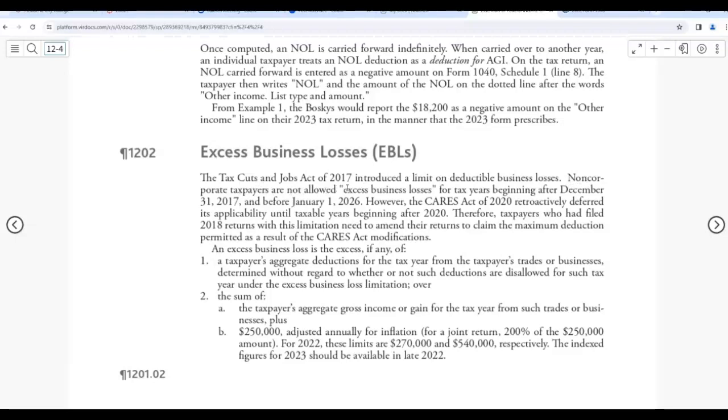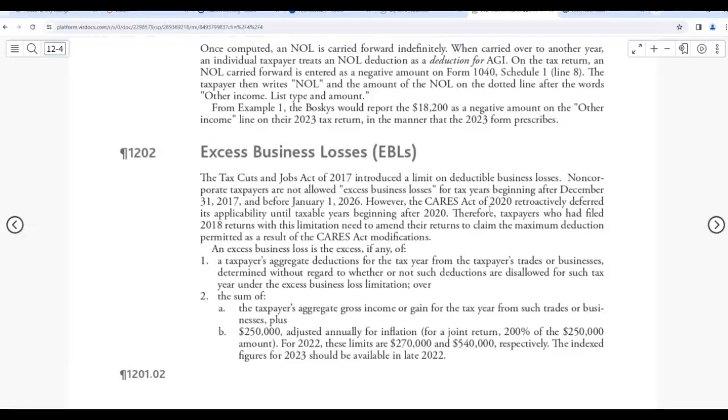Non-corporate taxpayers are not allowed excess business losses for tax years beginning after December 31st, 2017 and before January of 2026. That was the Trump tax change.